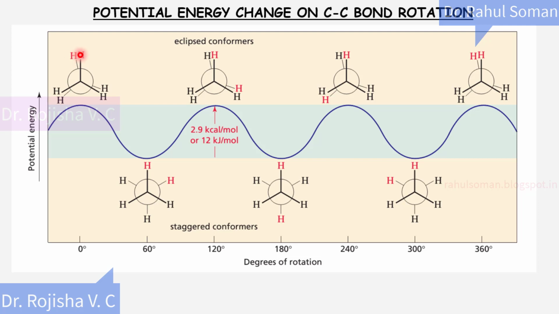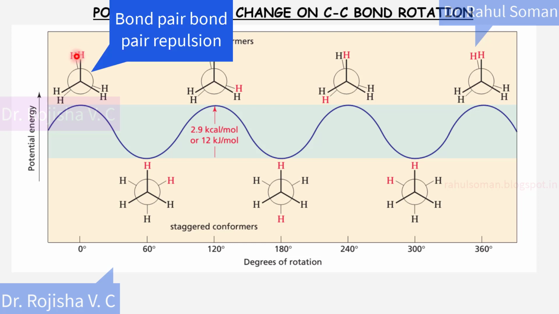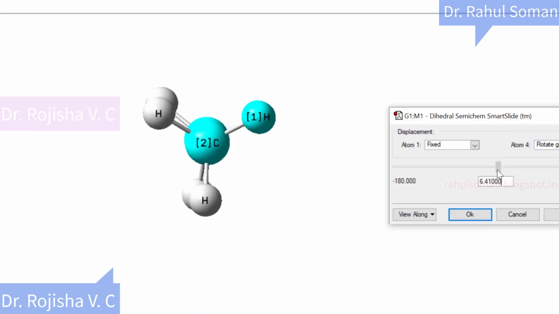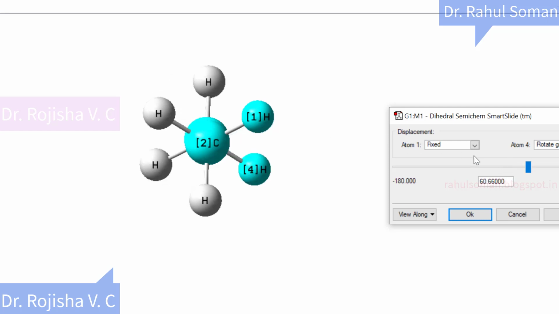The repulsion is because the CH bond has electrons, and the back carbon's CH bond also has electrons. So when these bonds come together, there is bond pair repulsion, and that is the reason why that conformer is in the higher energy. If we rotate it continuously by 60 degrees, it will be almost free from that.